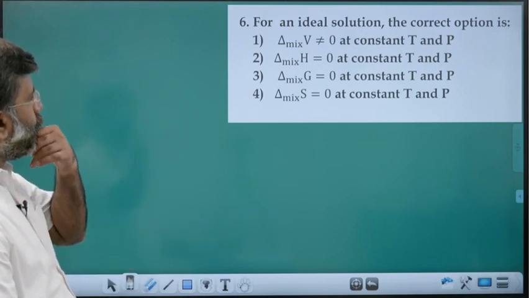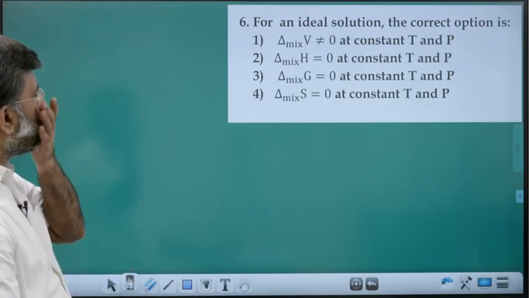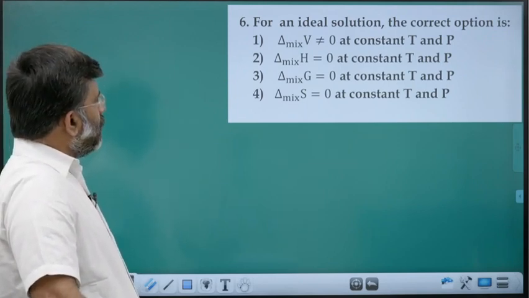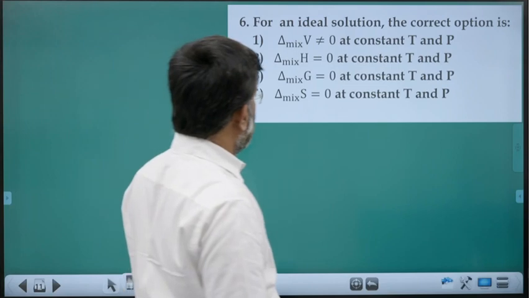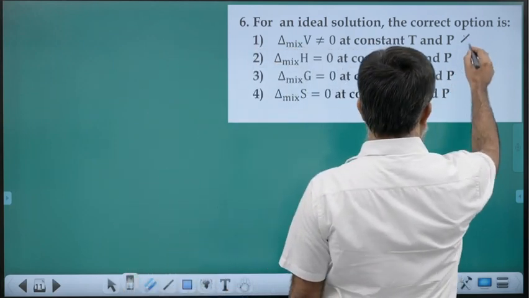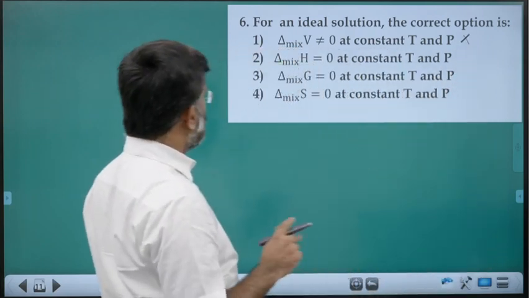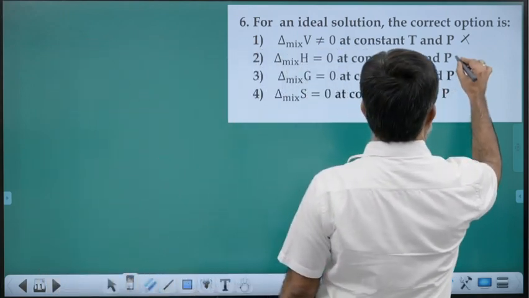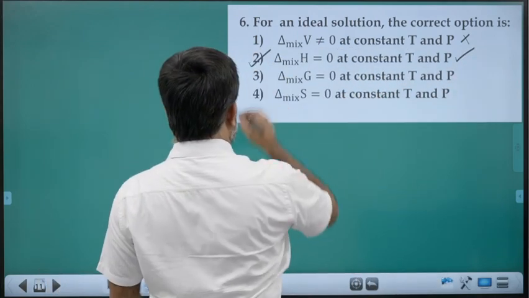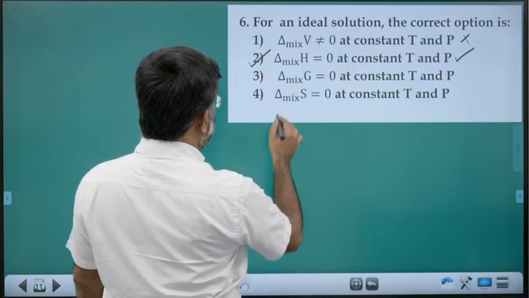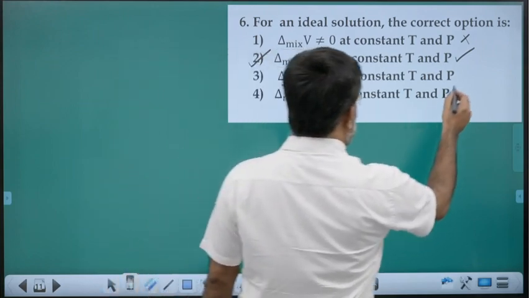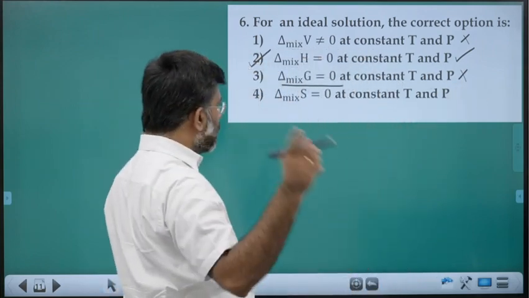For an ideal solution, the correct option is: delta V mixing not equal to 0 is an incorrect option. Delta V mixing is equal to 0. Delta H mixing is 0. That is the correct option, and that remains the answer. Delta G mixing is 0? A few minutes back we commented it is wrong; delta G mixing is negative.